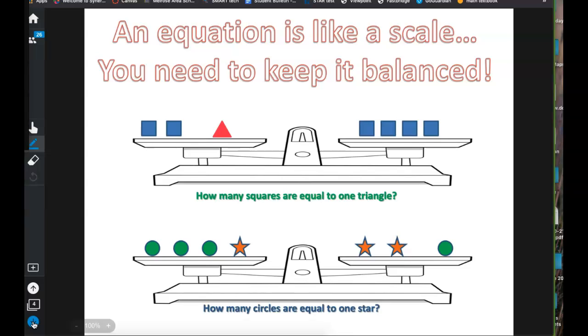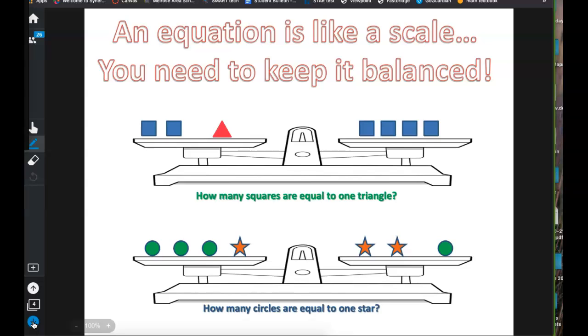So if I look at this first scale, how many squares are equal to one triangle? Type it in the chat. Okay, I'm seeing lots and lots of 2s, and you're absolutely right.